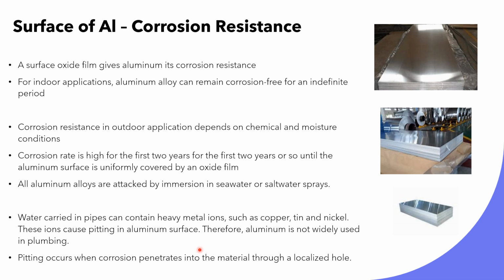It's better to test every year so you know what's inside, and you can choose whether to drink purified water from the store or heat the water to get rid of these ions. Pitting happens when corrosion penetrates into the material through a localized hole. Again, aluminum cannot stand pitting, and that's the reason we're not using it in plumbing.